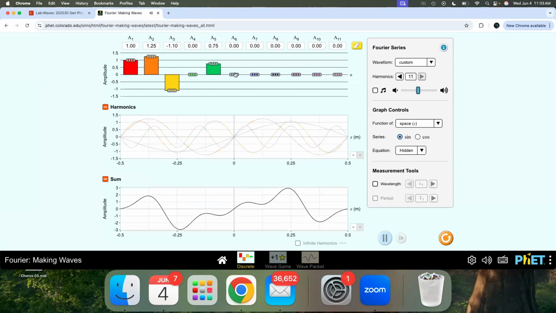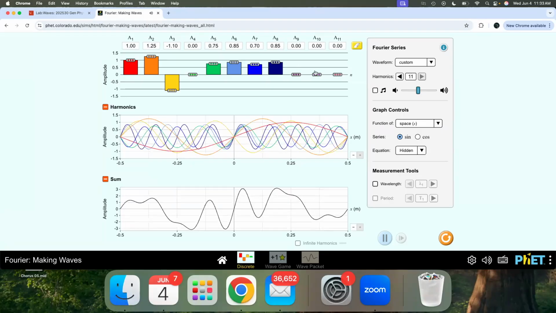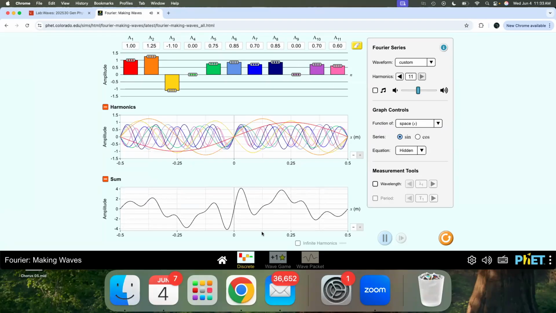Just kind of build something here and you can see. Okay, so you've got some sound wave. So this is maybe a singer singing some sound wave and it's oscillating. It's got some weird looking oscillations.